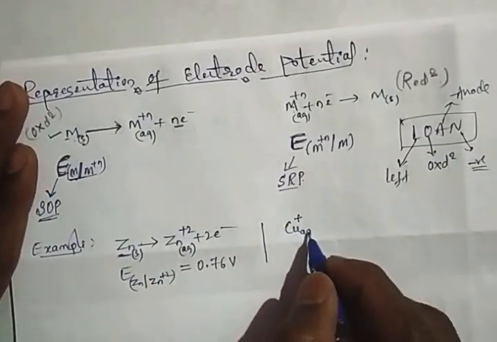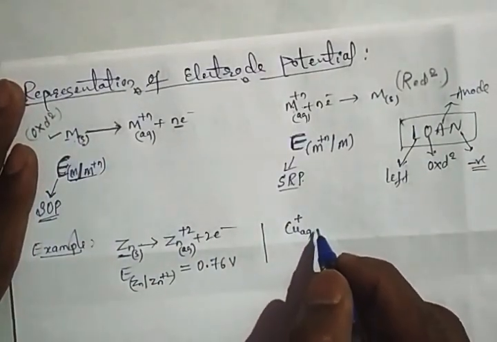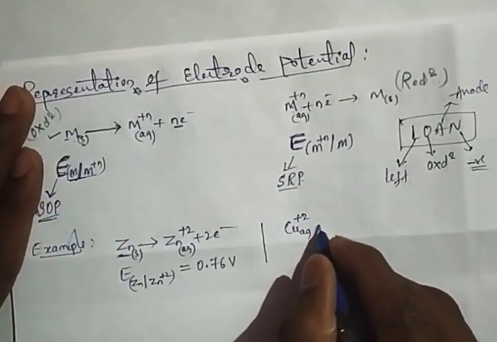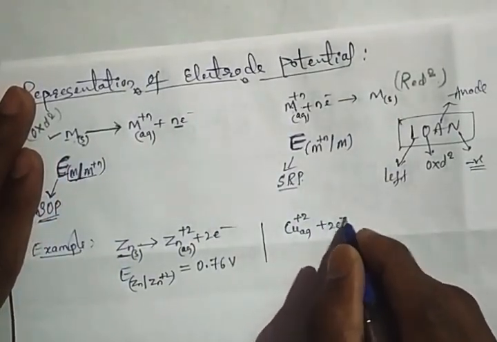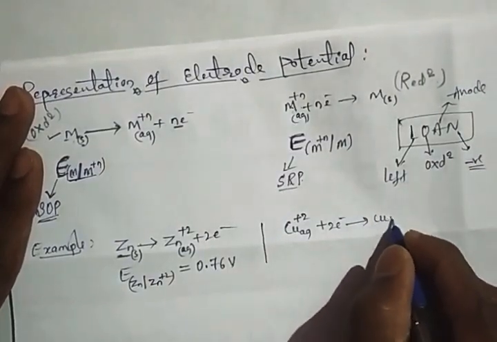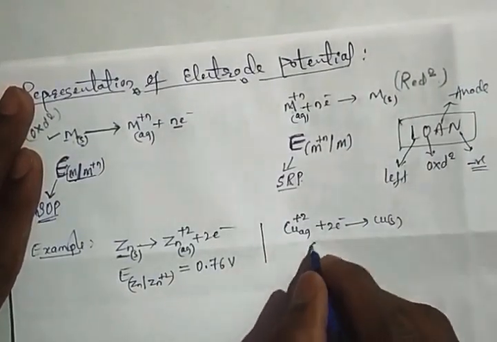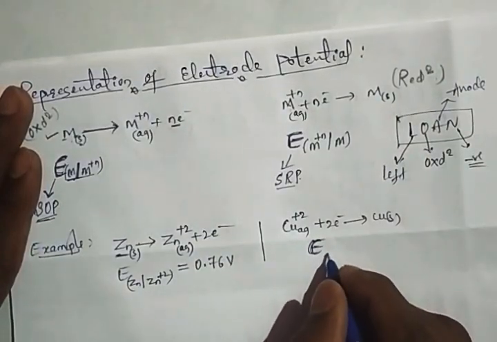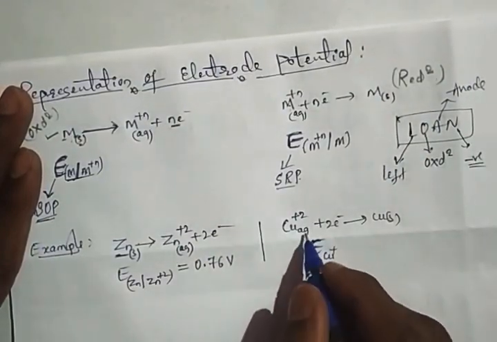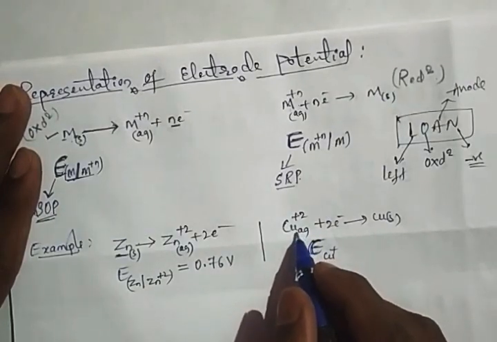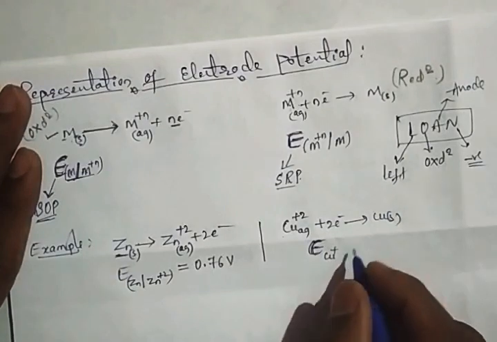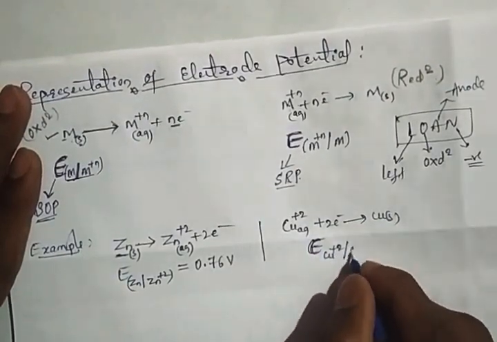Similarly in the right hand side, the reduction half cell, Cu2+ ions from copper sulfate gain 2 electrons to give the product copper. The electrode potential is represented with Cu2+ on the left hand side and Cu on the right hand side, so Cu2+ bar Cu.